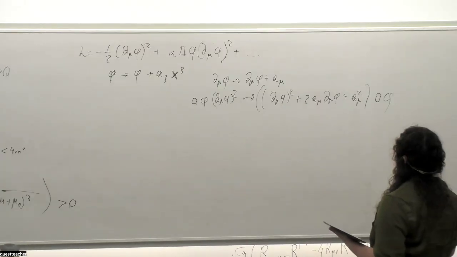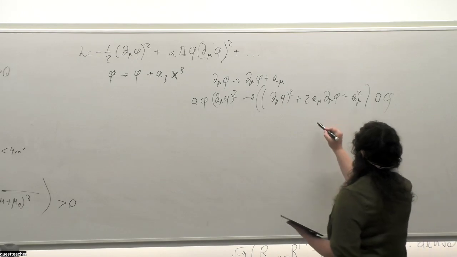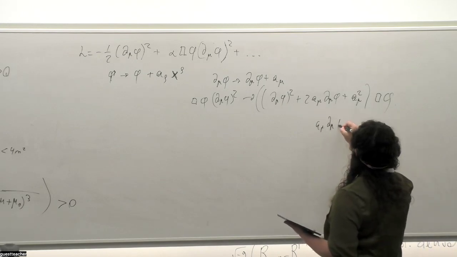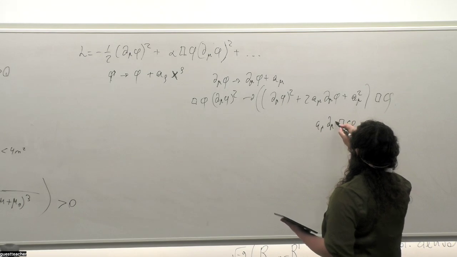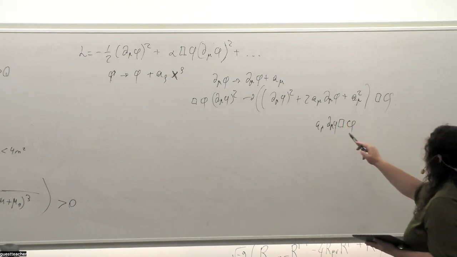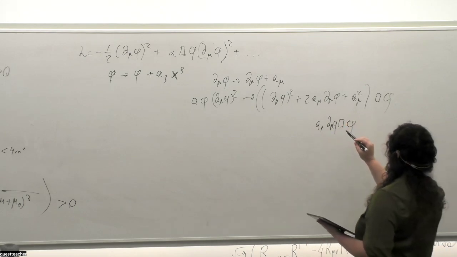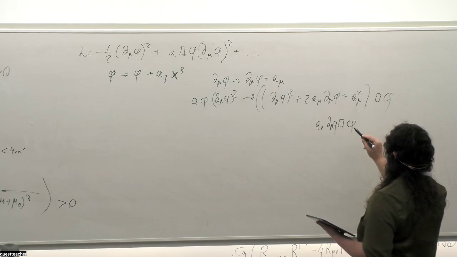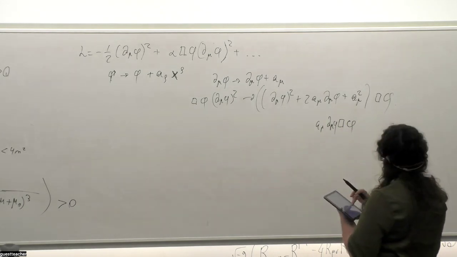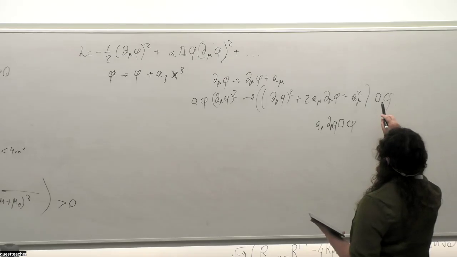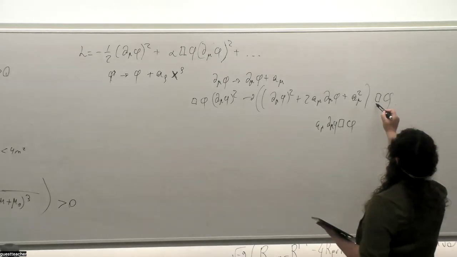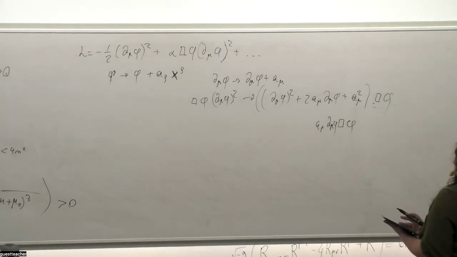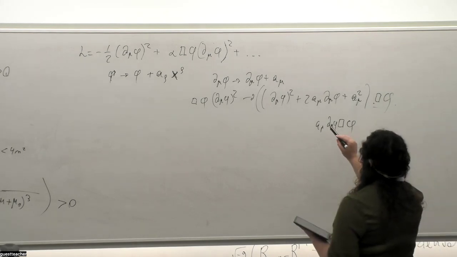then we can notice that a^mu d_mu phi box phi is a total derivative, because box phi here is simply the total derivative.